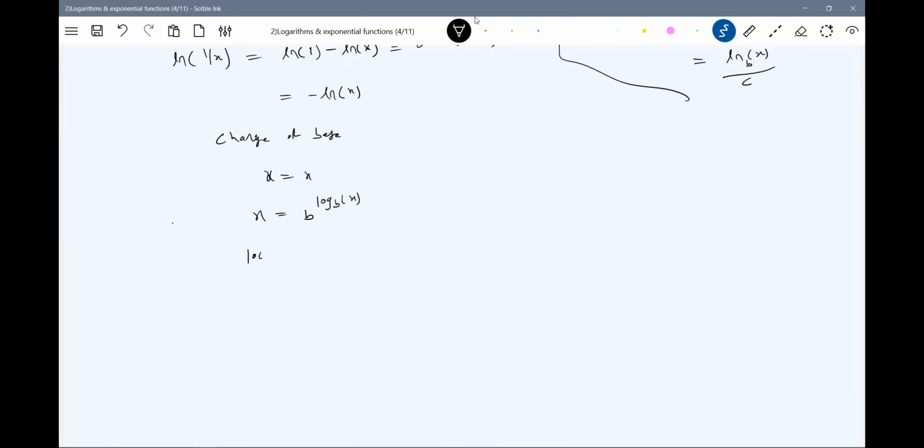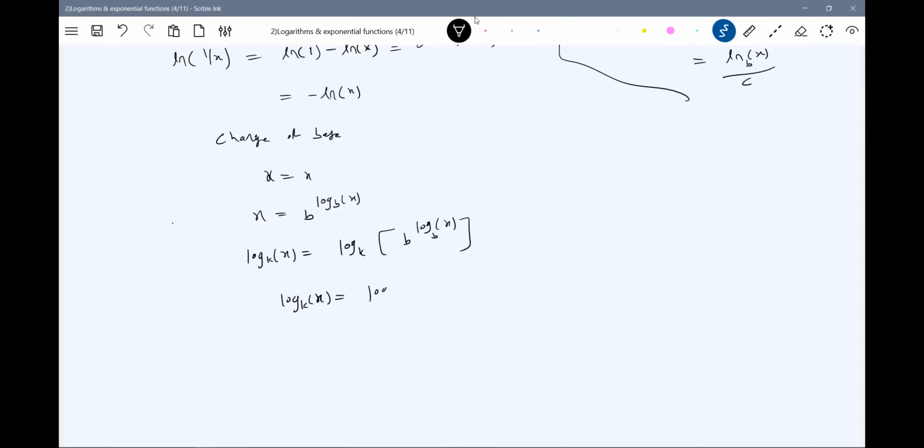Then let me take log to the base k on both the sides. So this will become log x to the base b times log b to the base k, and the LHS as it is, log x to the base k.